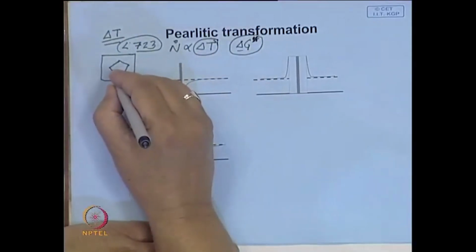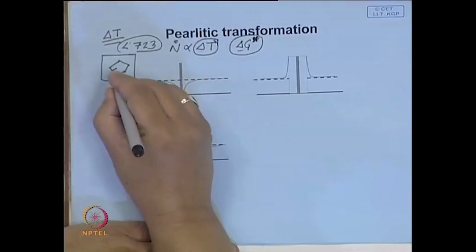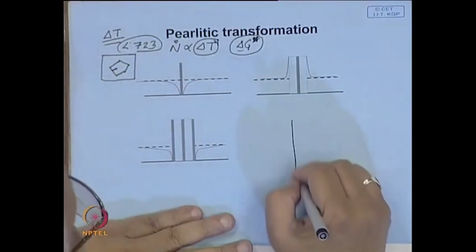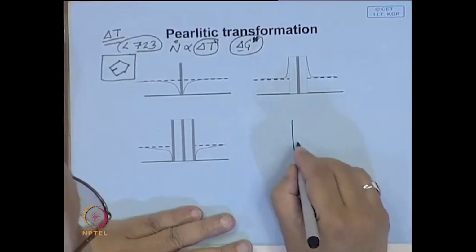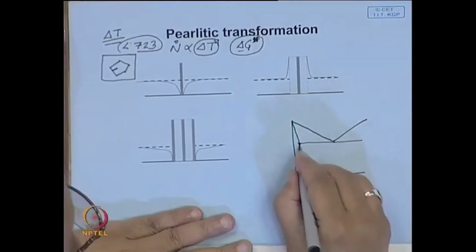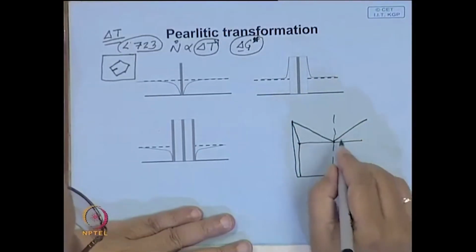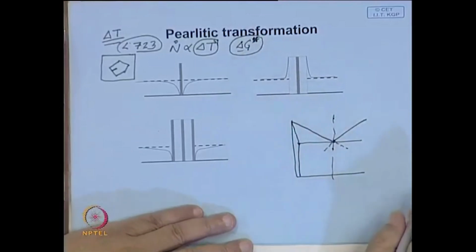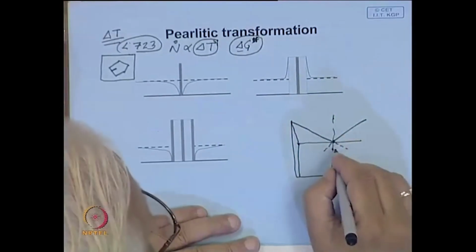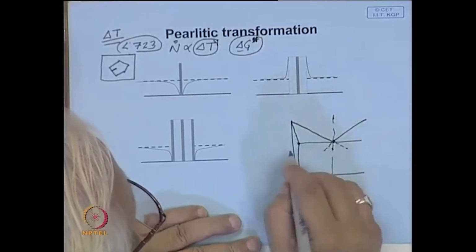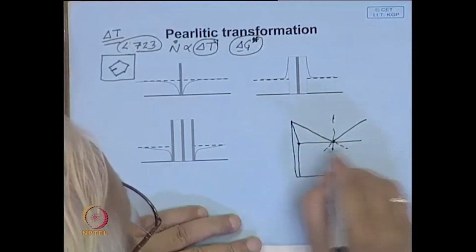Now let us say first a cementite plate nucleates. When the cementite plate nucleates, look back at this phase diagram, say if you are looking at that eutectoid steel. So, you have come over here. Now, look at what the composition of cementite will be, which can remain in equilibrium with ferrite.